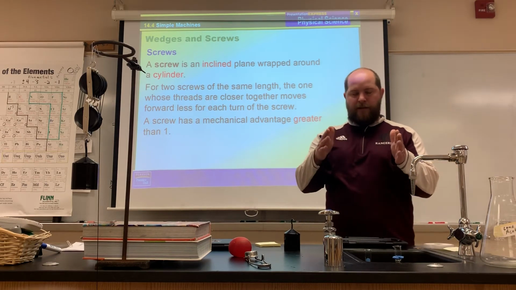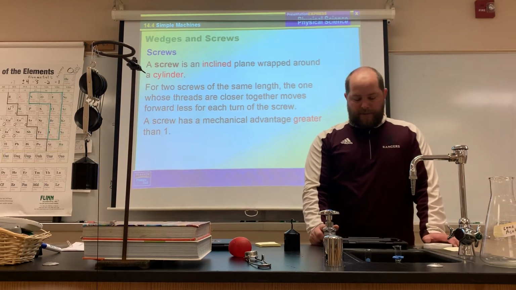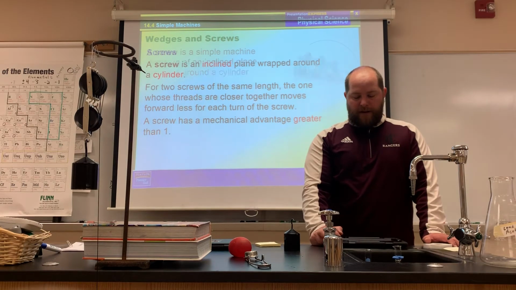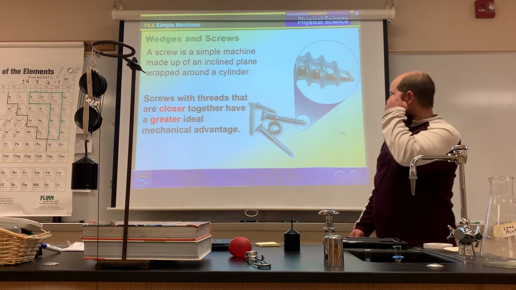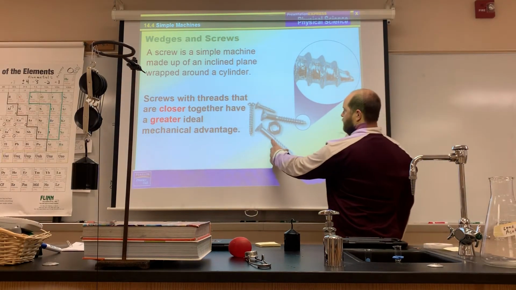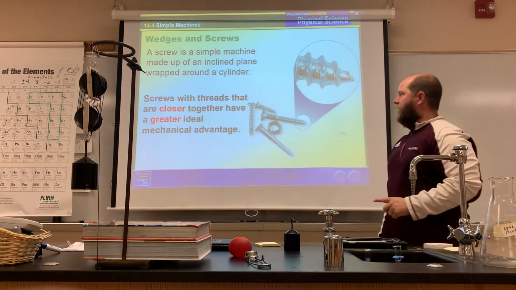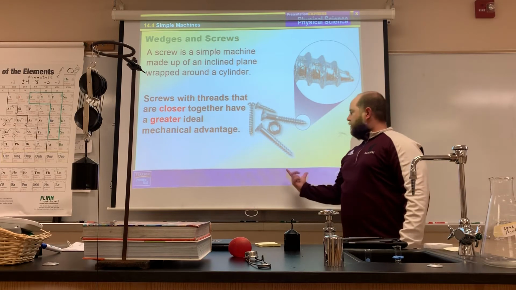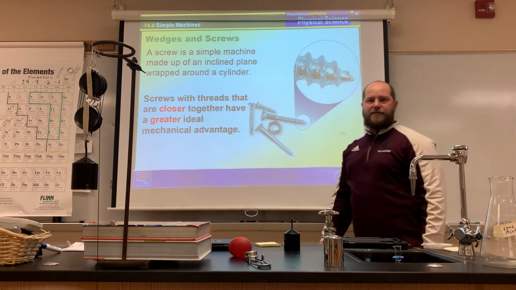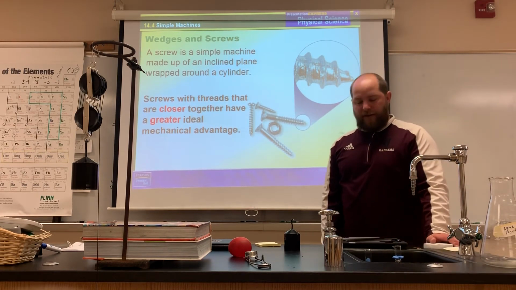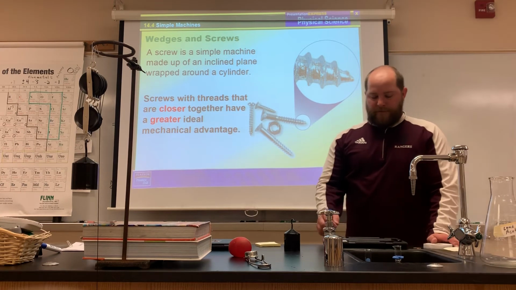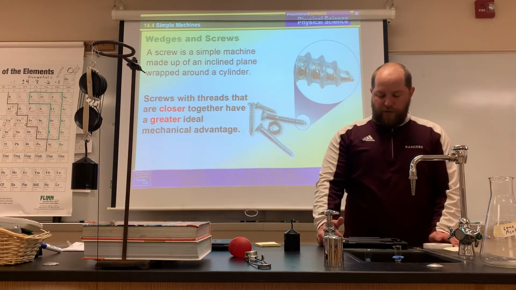The farther spread out those inclined planes are, the harder it's going to be. What I mean by that is the thread of these screws. This one's a little bit closer, so that one's going to be a lot easier to hand turn in. When these inclined planes get spread out, it's going to be a little more difficult to get them in. So that's screws.